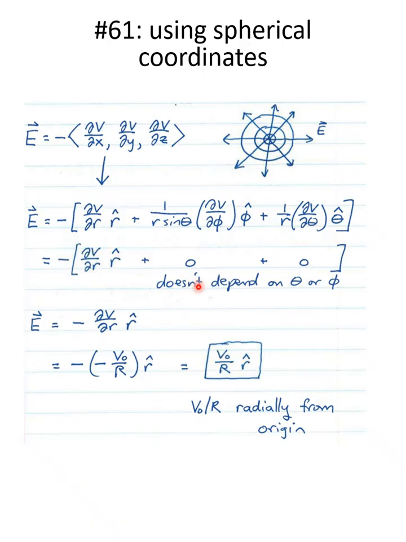Well, that cleaned it up nicely. And so then we have the negative of the derivative of electric potential with respect to r, and we go back to the equation given for V, and so we can see the derivative of that is negative V naught over R, and we're taking the negative of that, and so we get V naught over R times r hat. So again, as we found with the Cartesian coordinate solution, that would be a magnitude of V naught over R times r hat.